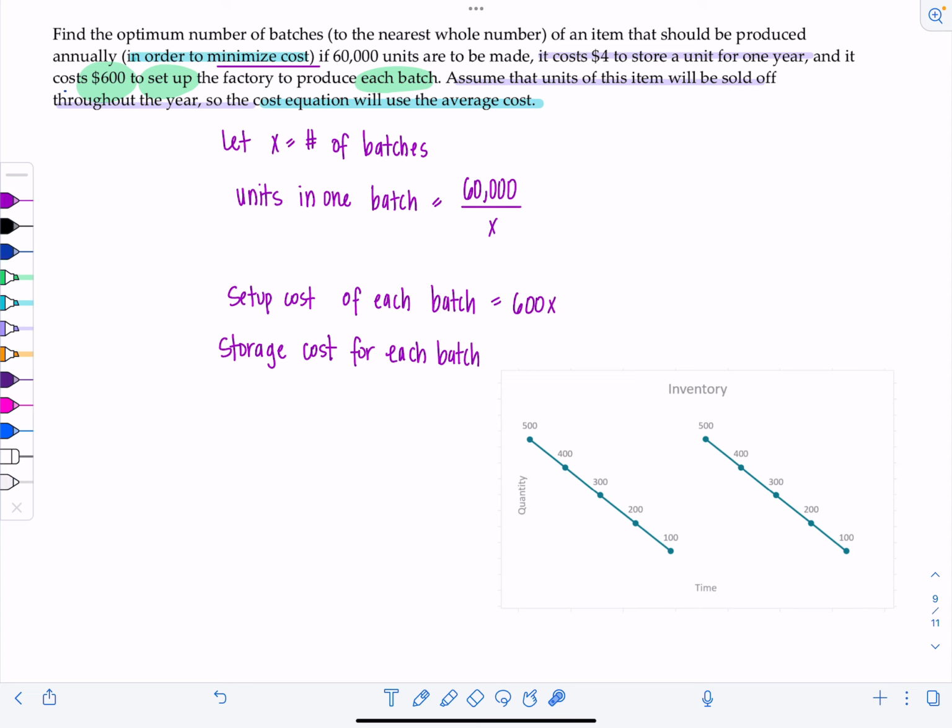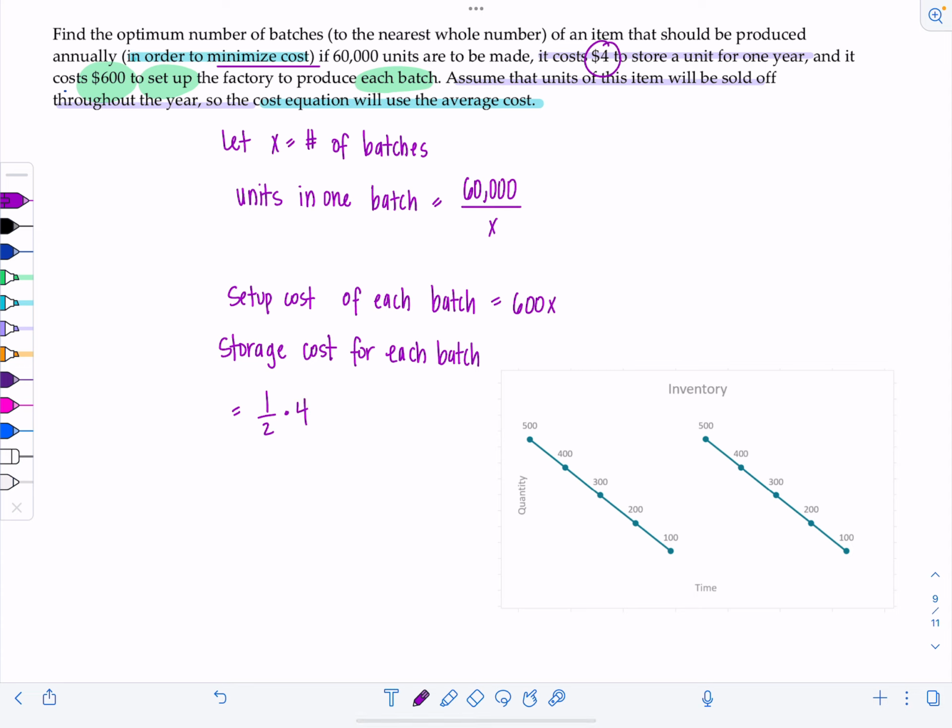Okay, so what happens is the storage cost or the holding cost of all of your units is calculated by finding the sum of the product of the inventory at any instant and the holding cost per unit. And so all you need to remember is you just slap a half on there, and then you have $4 for 1 unit.